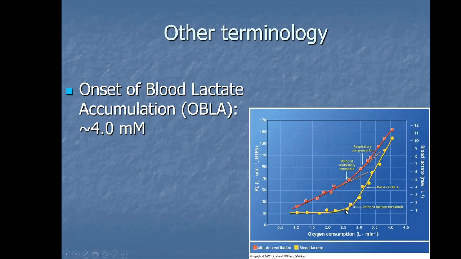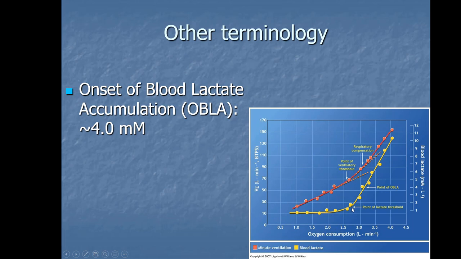But if you think about it, the reason the onset of blood lactate accumulation came about was that it's kind of subjective to pick a lactate threshold. There are computer software programs that can try to detect it, but really what it comes down to is visually. Researchers and investigators will plot it out and then look for that inflection point.